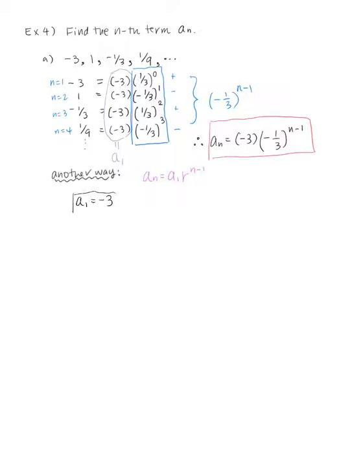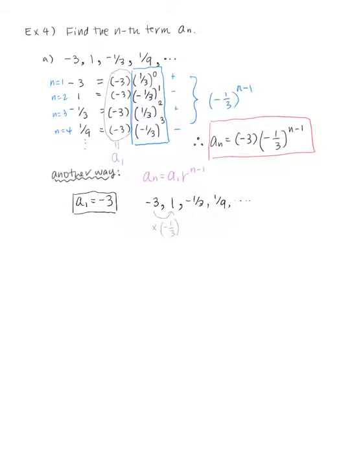So first let me write it as a sub 1 is -3. We got that much. Now let's take a look at our sequence. It goes -3, 1, -1/3, and 1/9. Okay, so now from here to here, starting from -3, how can I get to 1? Well, if I multiply by -1/3, I could get to 1.